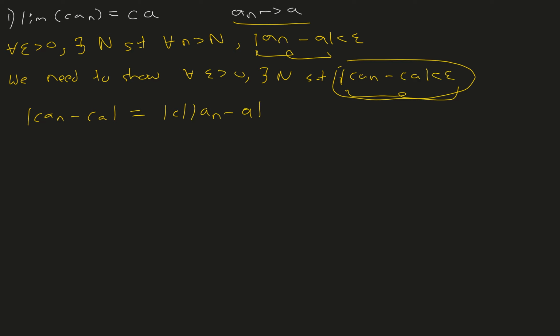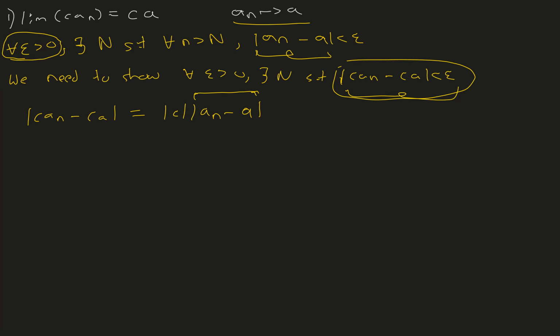Now this an minus a looks like something we know. We know that an converges to a. Since it converges to a, we're guaranteed that for whatever value of epsilon we choose, it will converge, because from the definition we know it holds for all epsilon greater than 0.